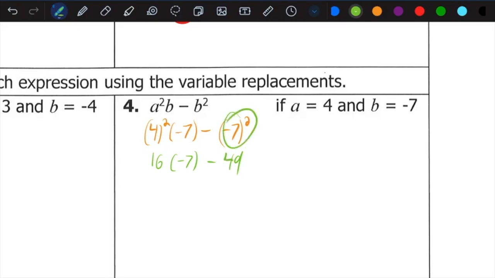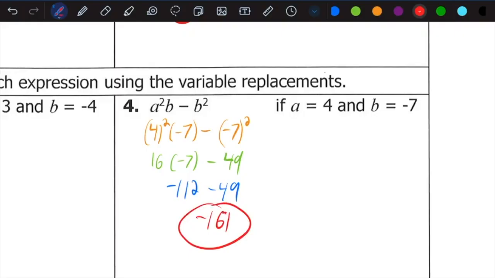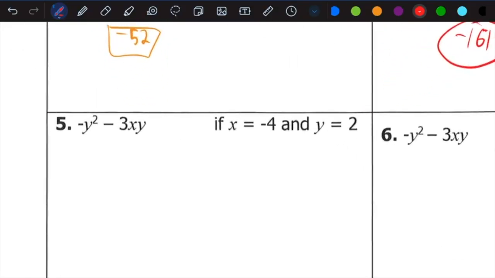Once again, a positive number coming out of this with the minus sign before it. 16 times -7 is -112. Subtract 49 from that, and we end up getting -161. Because there's 2 negatives, they once again add together to make a bigger negative.